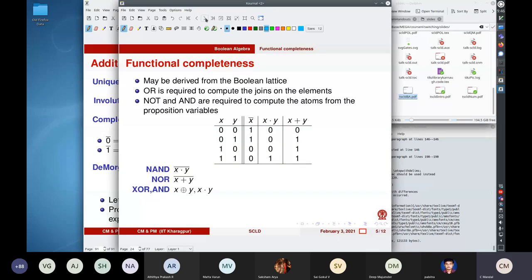So what you find is that these are other functionally complete sets. This is the basic functionally complete set: NOT and AND or OR.